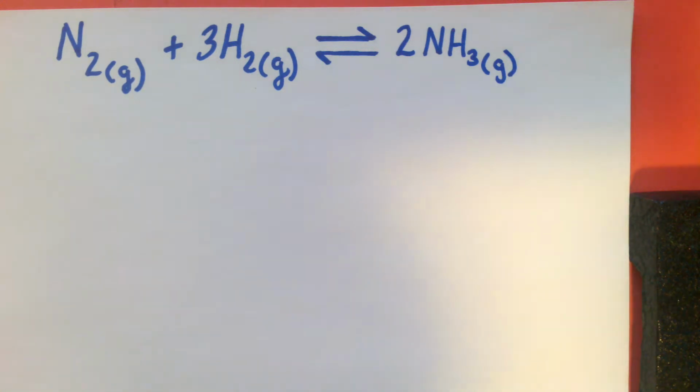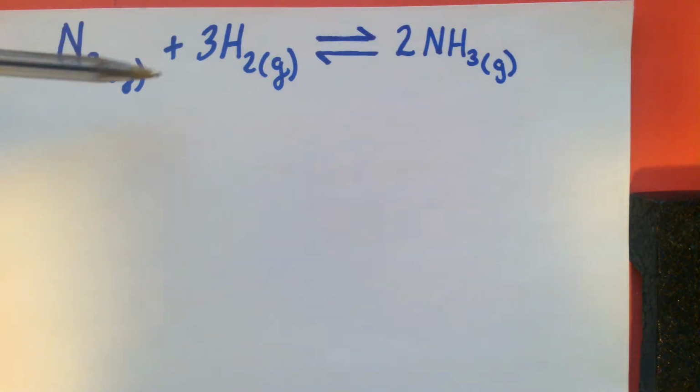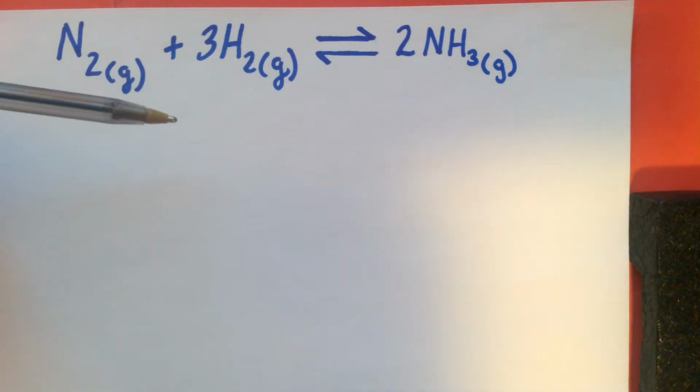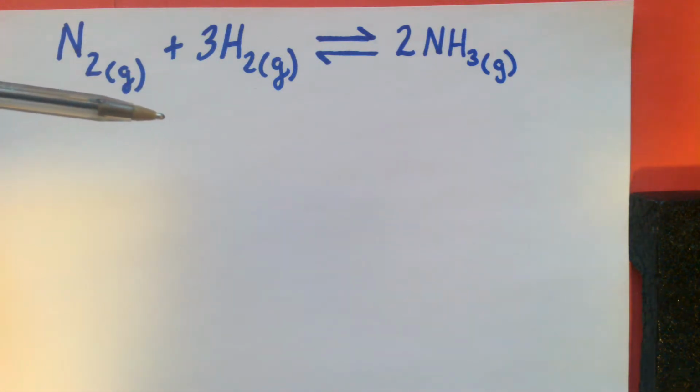And so what is chemical equilibrium? Chemical equilibrium can be defined as a state that occurs when opposing reactions are proceeding at equal rates to one another.